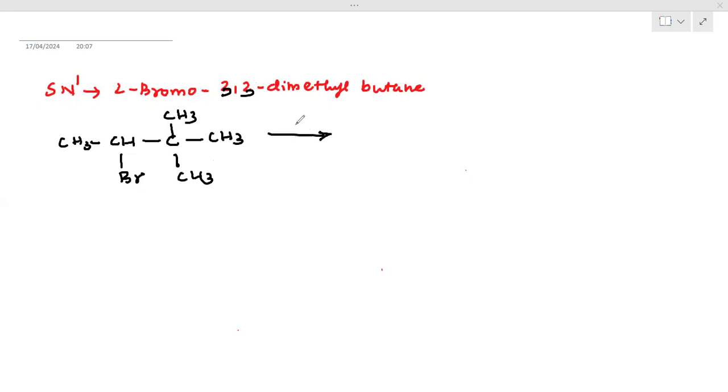Following the reaction mechanism, it follows the SN1 reaction mechanism.